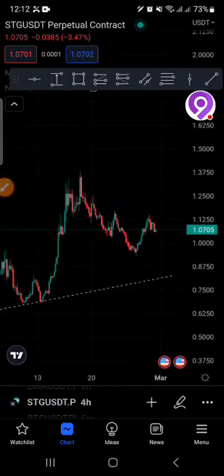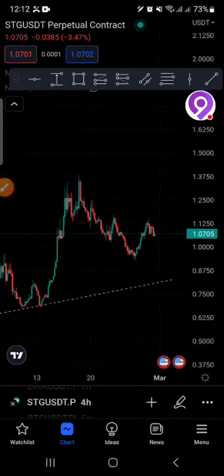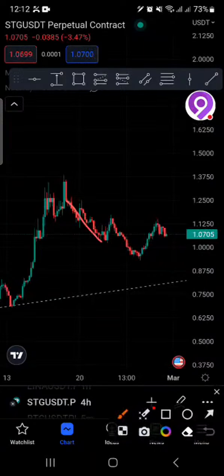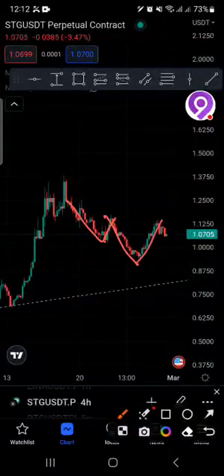So it has really played out well. Can see a double top, downtrend, pullback to the neckline, downtrend, and it's coming back again.